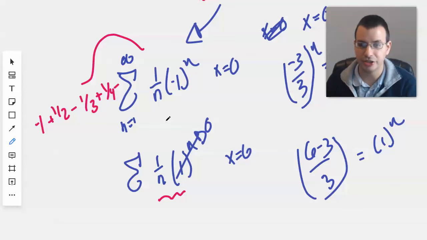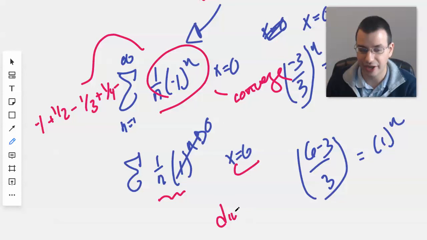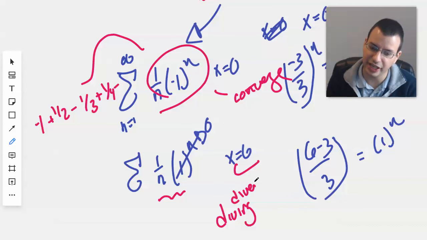So the harmonic series, when it alternates, actually does converge. So this will converge. This will diverge.